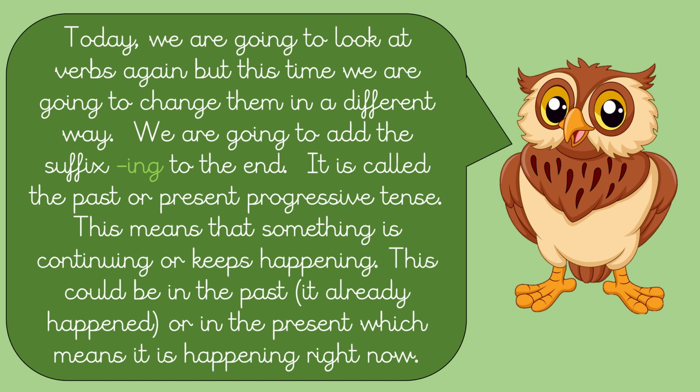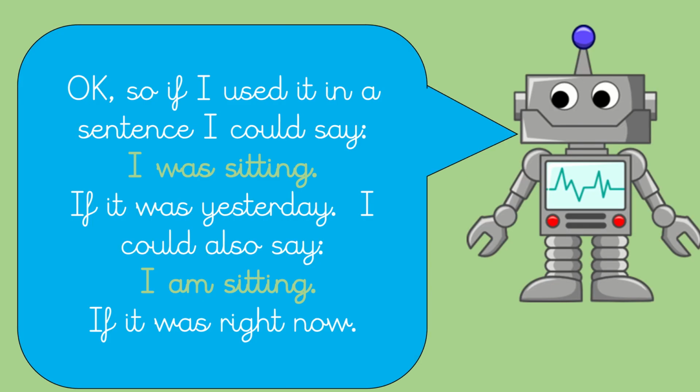Whoa, lots of information there. So we're going to be adding ing to verbs, and it's called the past or present progressive tense, which sounds really fancy, but it just means that something's keeping on happening. And it could be in the past or in the present. I think Rex is going to give us some ideas.